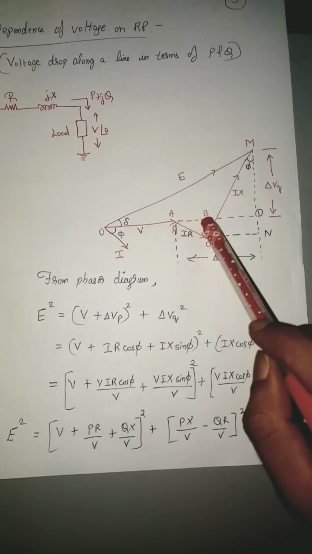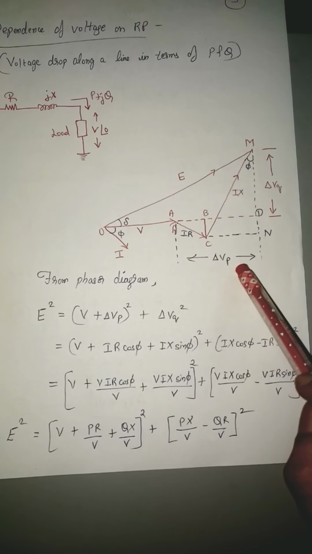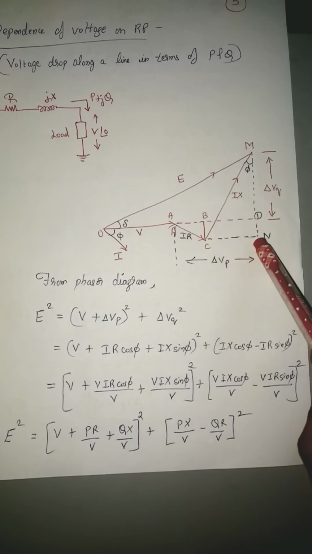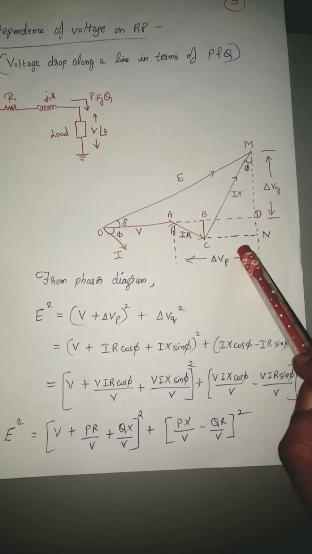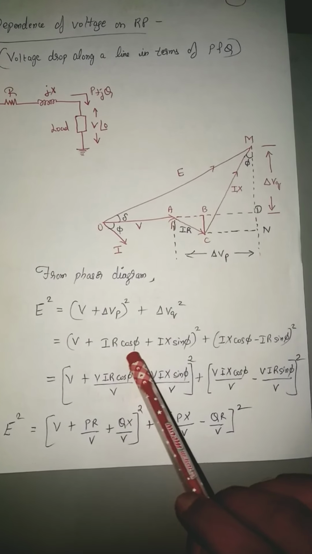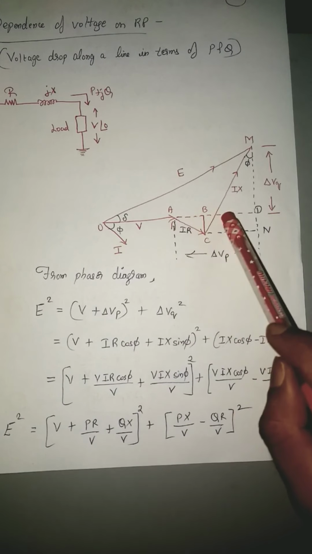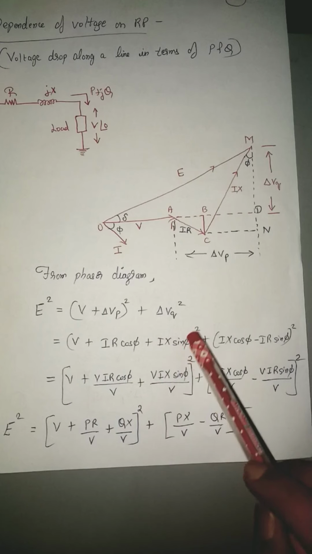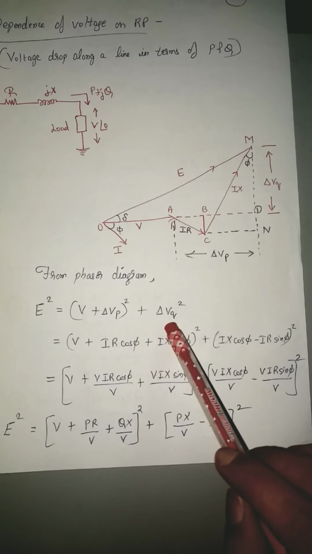So AB plus BD gives me delta Vp. AB is IR cos phi, and BD is CN, which is IX sin phi. So in place of delta Vp, I write (IR cos phi plus IX sin phi) the whole squared. And here we have delta VQ squared.